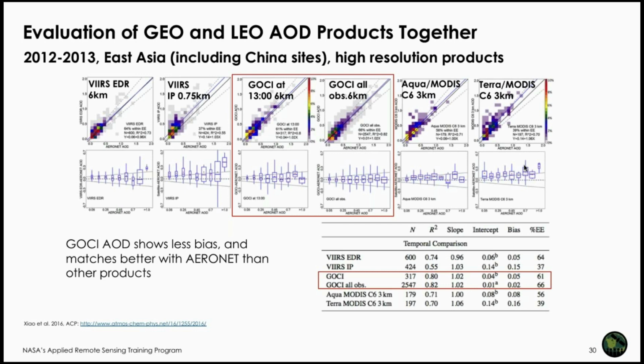It also shows a high frequency of within the expected error range, like 66%, compared to other products. So we can start to use GOCI AOD data for air quality studies with the advantage of high temporal resolution and high accuracy also.